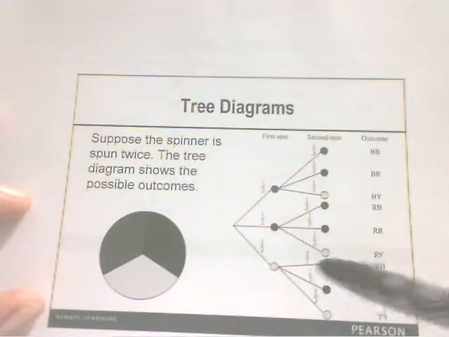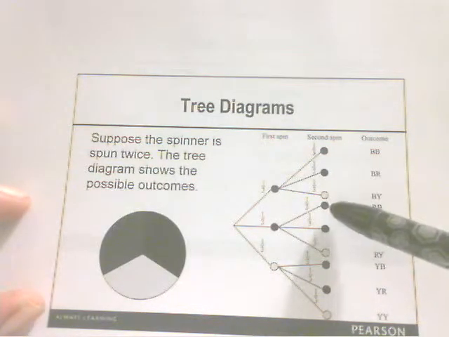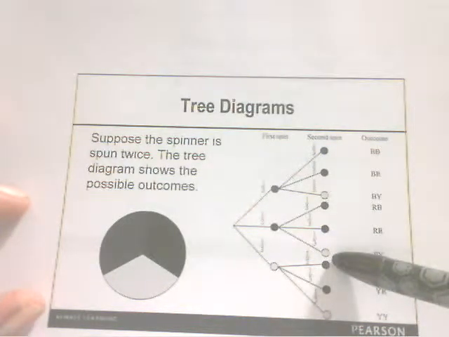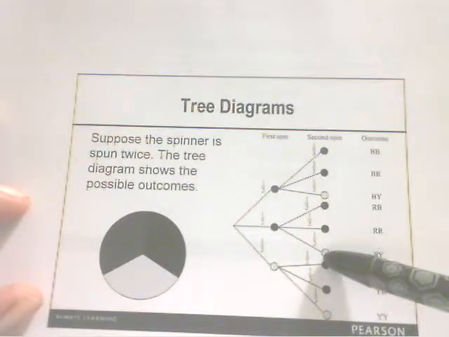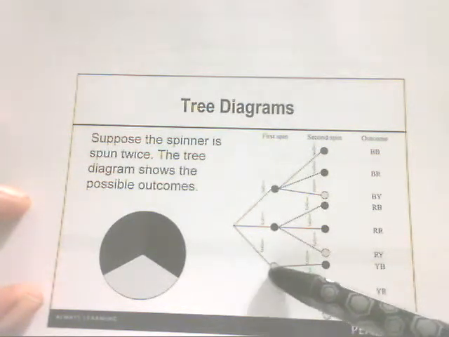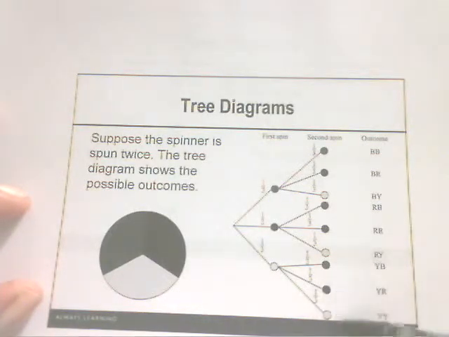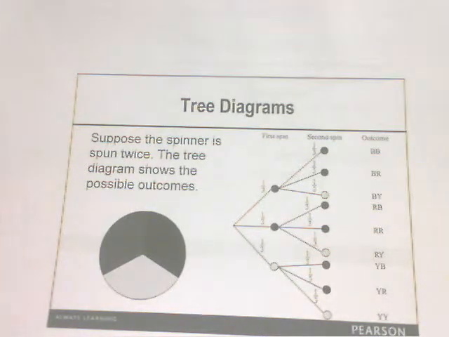Now, if the first spin was a red, then again, blue, red, or yellow could be on the second spin. And again, that probability is still going to be 1/3. And the same thing for the yellow. If the yellow was on the first spin, then either blue, red, or yellow could be on the second spin. Each one of those probabilities, again, would be 1/3.